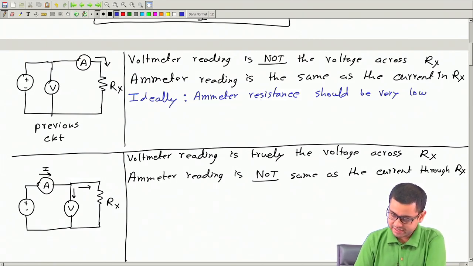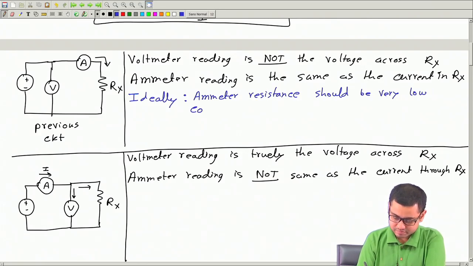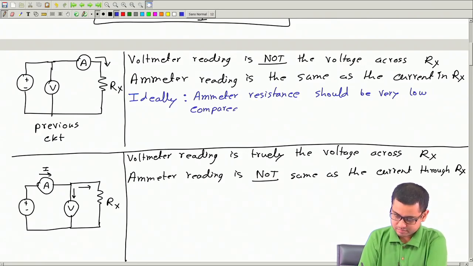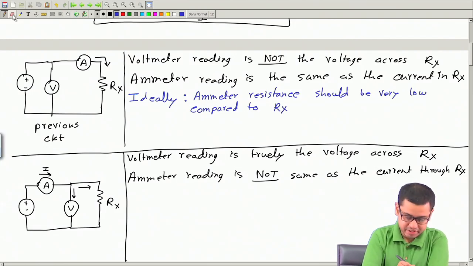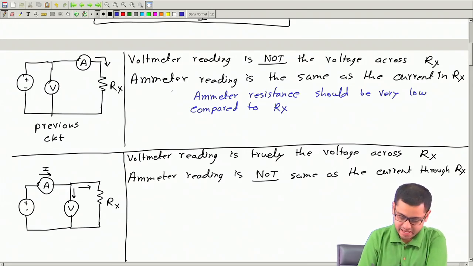So ammeter resistance should be very low compared to Rx. Let me write this ammeter resistance as Ra, A for ammeter.